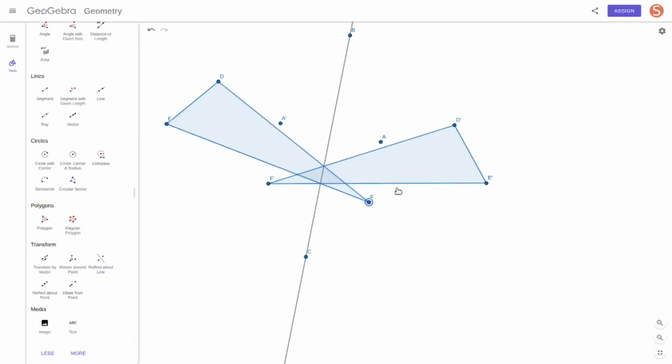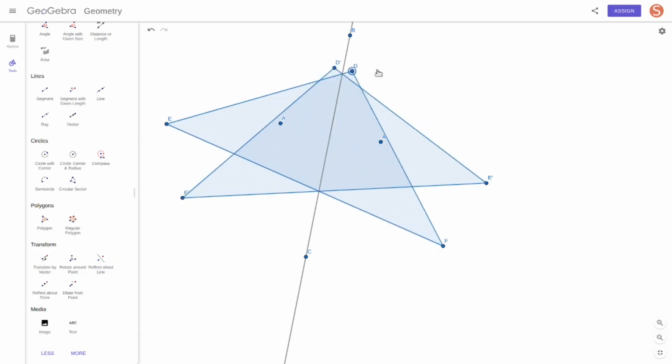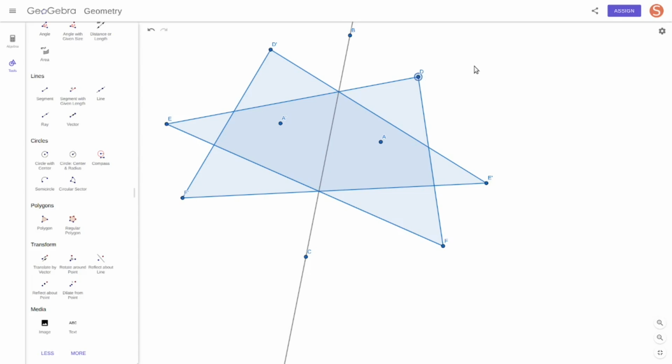And we can get funny looking things, right, where maybe some of the points are on one side of the line and some points are on the other side. So this is an example of GeoGebra and reflections being a built-in object in GeoGebra.